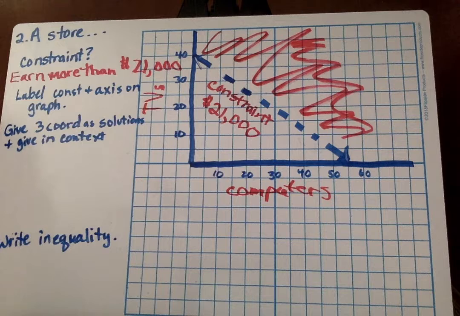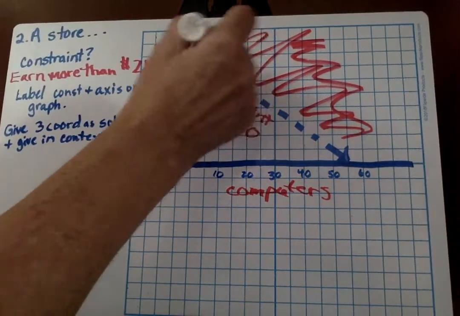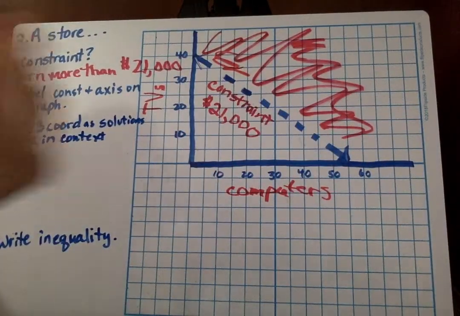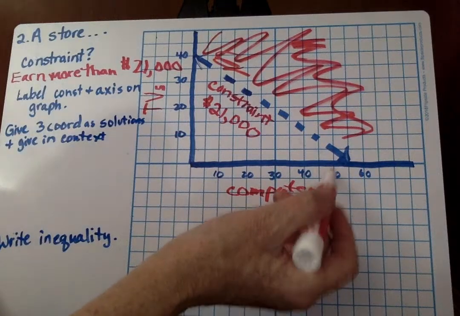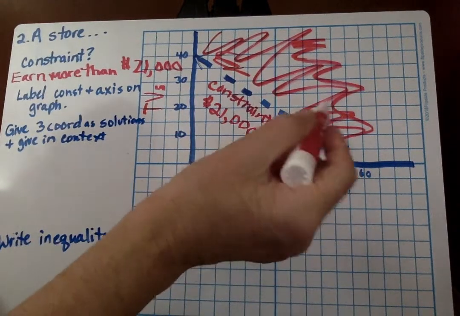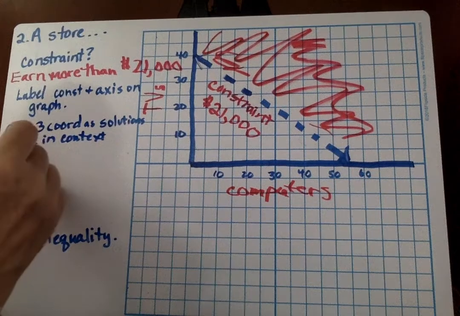Okay, next. Give 3 coordinates that are solutions and give in context. Okay, so that means we can pick anything that's in the shaded region. And I'm going to put, say, 50 computers and 10 TVs.